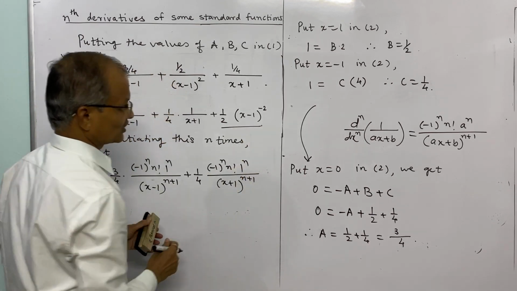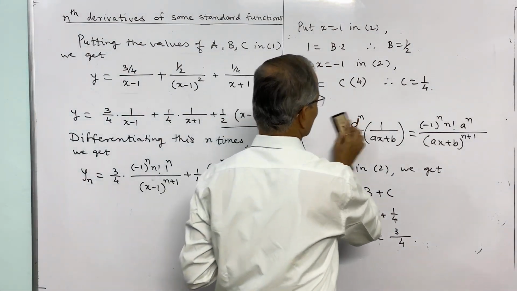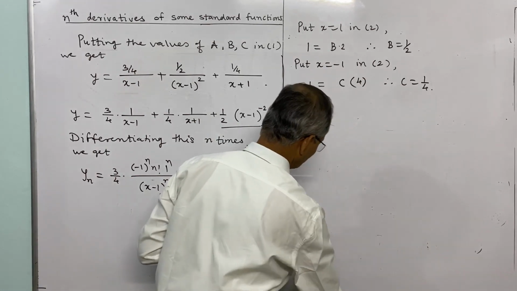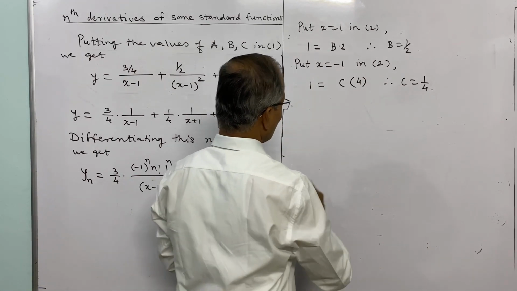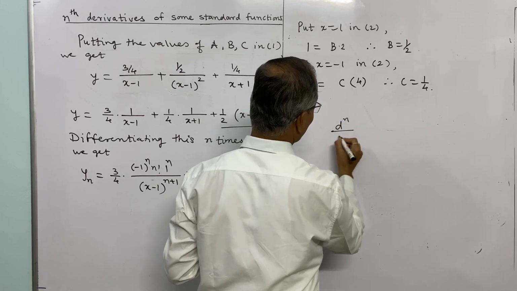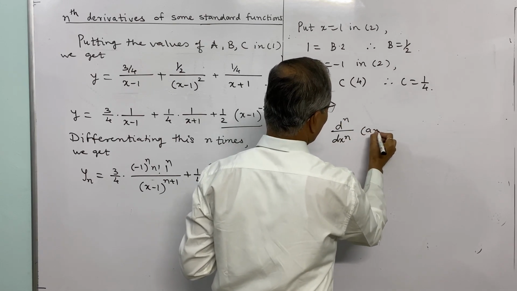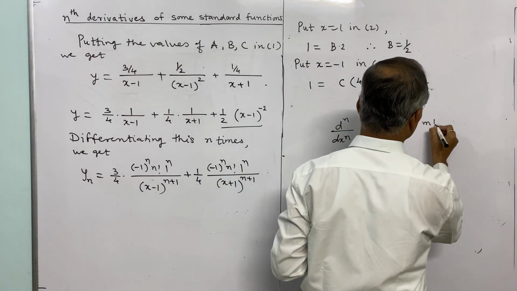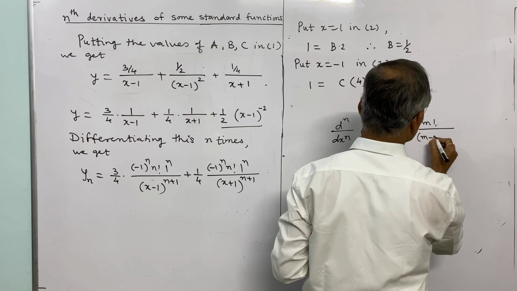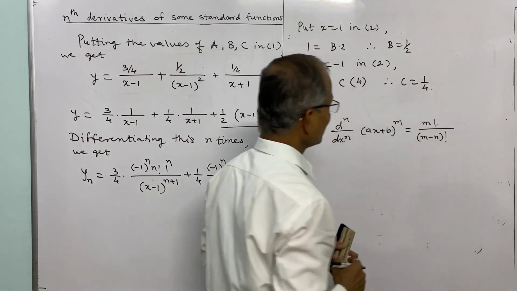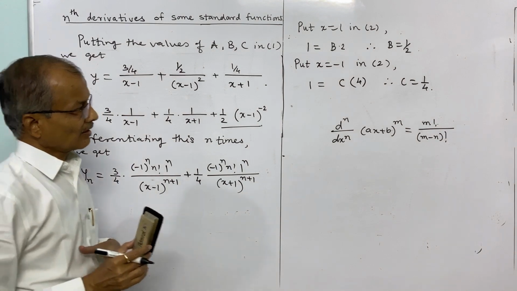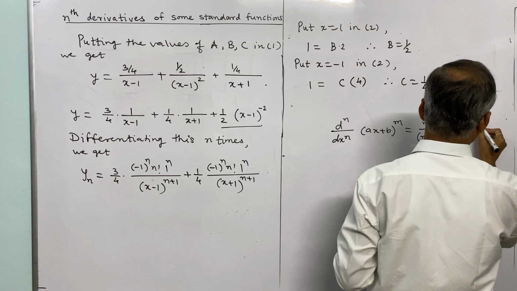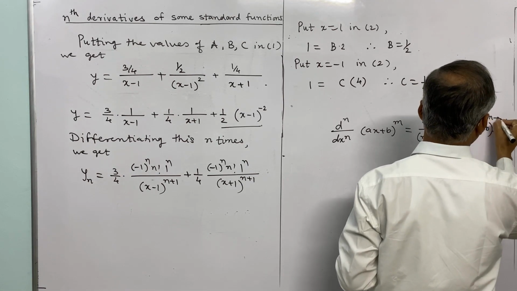But what about this function? For the nth derivative of that function, we have to use the first formula. That is, what is the nth derivative of ax plus b to the power m? We have this as m factorial divided by m minus n factorial into a to the power n into ax plus b to the power m minus n.